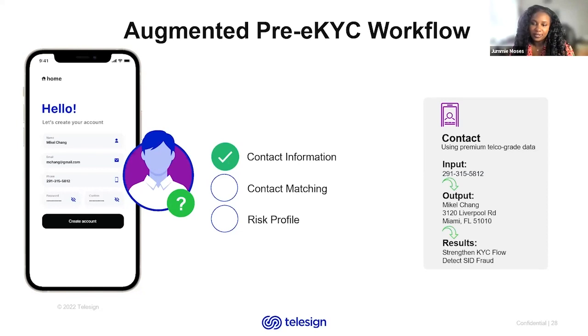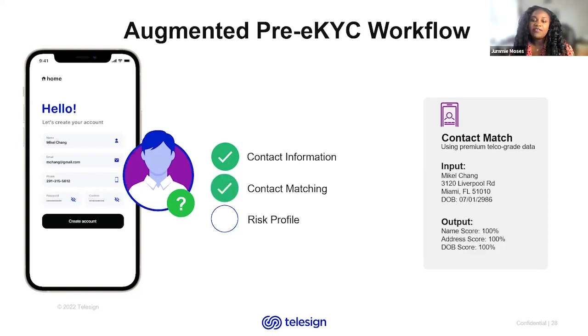and email address. And if they also layer in contact match, they will be able to validate an end user's name and address against subscriber contact data and use it to confirm the accuracy of new user signups. Contact Match delivers a 1 to 100 matching score.